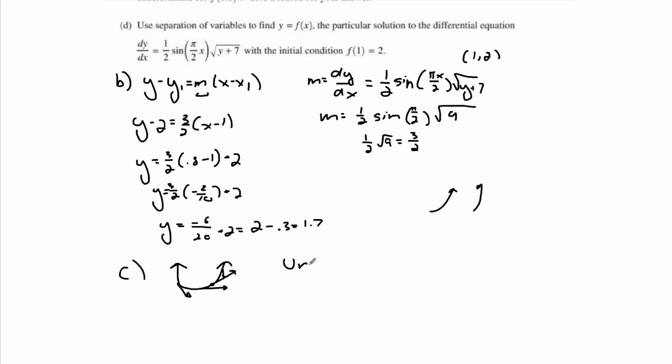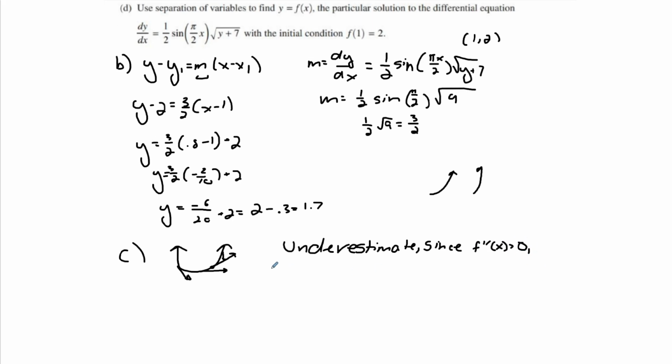So you would just say underestimate. And we could say that since f double prime of x is greater than 0, the function increases faster than the slope of the tangent line, or something like that.